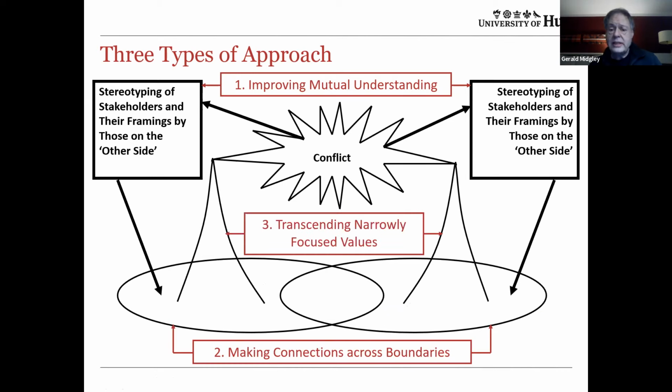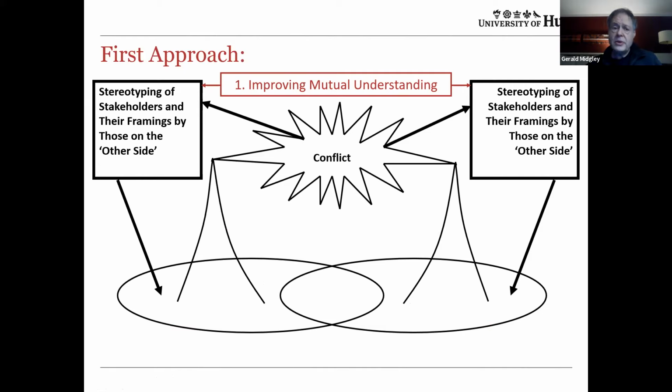And there's transcending narrowly focused values, because once the conflict becomes entrenched, generally people find it very difficult to see multiple perspectives and end up with quite a narrow focus. And so an approach is to actually open up the focus to other possible values.